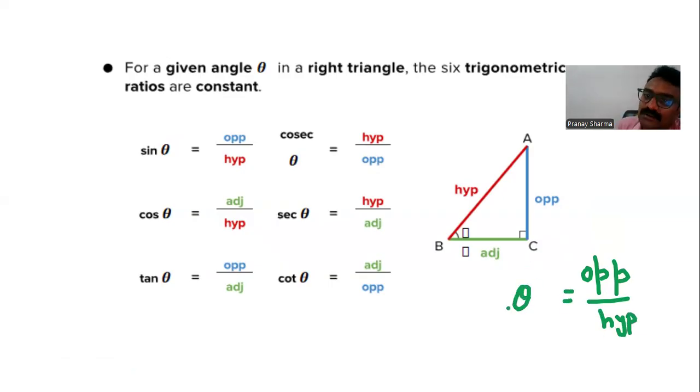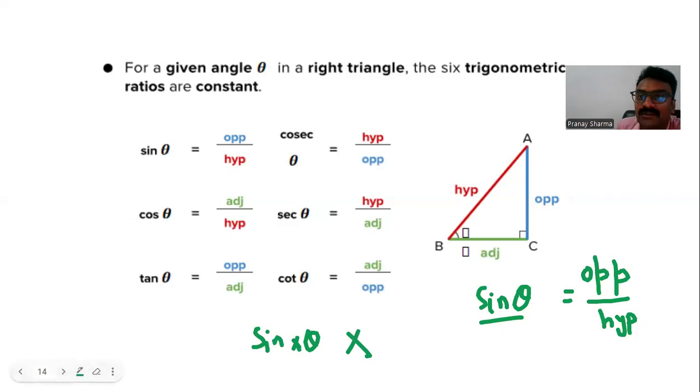This particular thing in mathematics has a different function, and that function is known as sine. Now, this is not like sine is getting multiplied with theta. No, it is not the case. Sine is not getting multiplied with theta. This is just a denotation that we have applied, sine of theta.